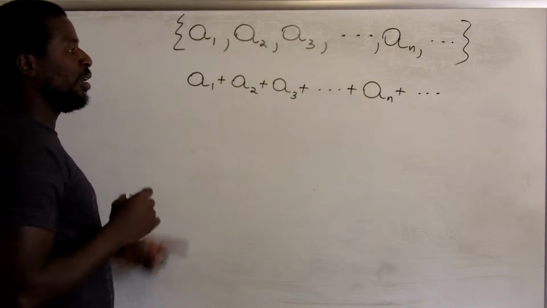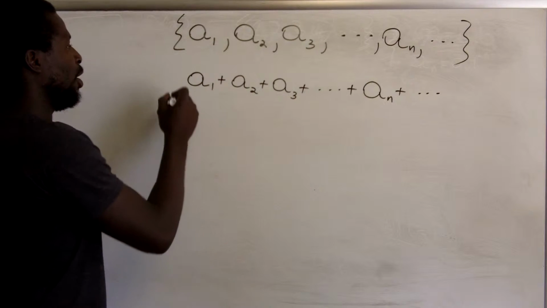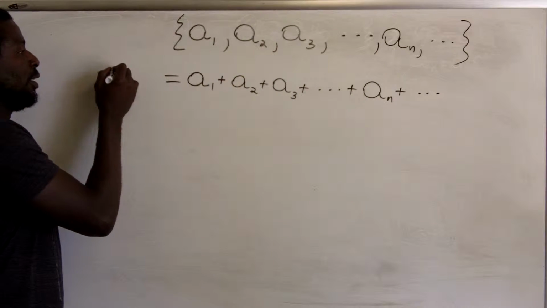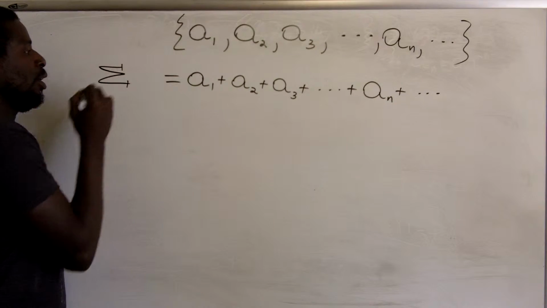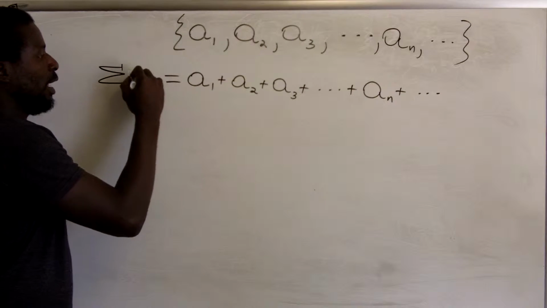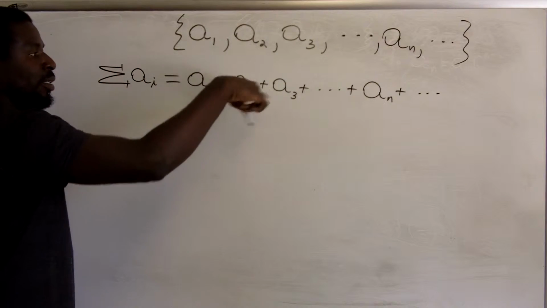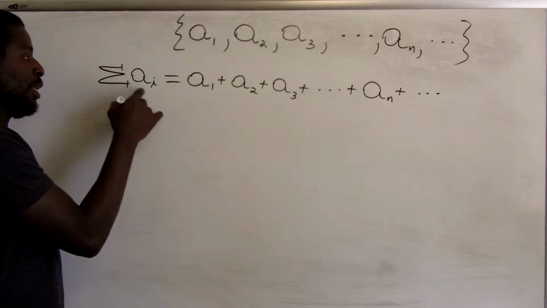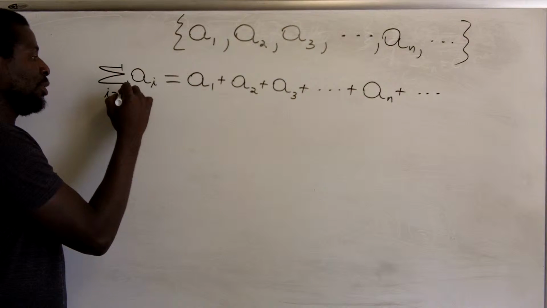Well, we're going to use a little bit of notation for this. This is called sigma notation. That's the uppercase Greek sigma. We're going to take the terms of the sequence, and we're going to add them up beginning with i equals 1.